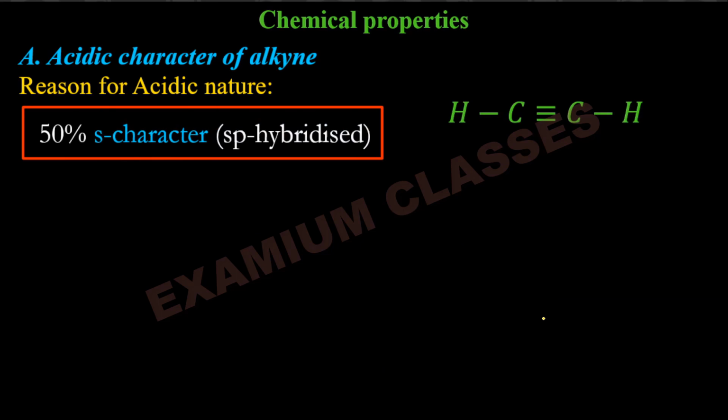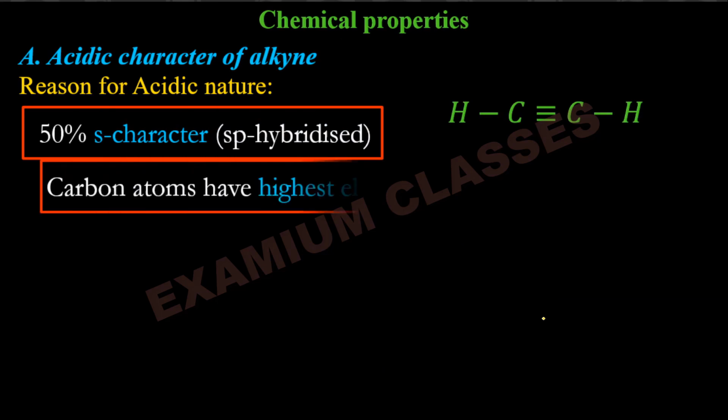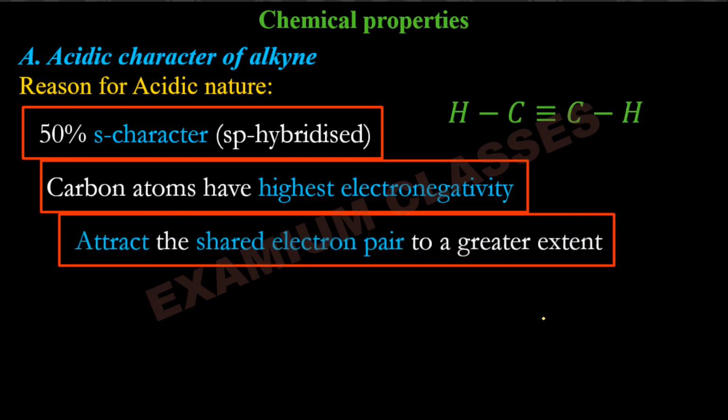The reasons: 50% S character, sp hybridized. It means carbon atoms have highest electronegativity. When I am saying highest electronegativity, I am comparing it with alkenes and alkanes. It means, as per the definition of electronegativity, it will attract the shared electron pair with a greater force.